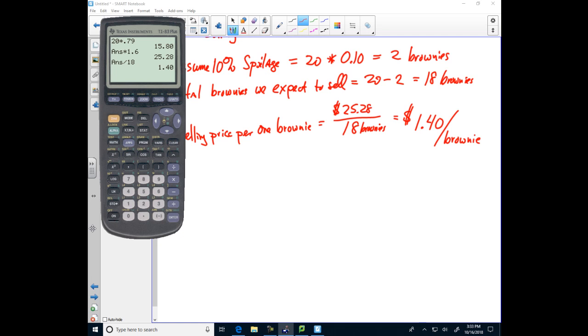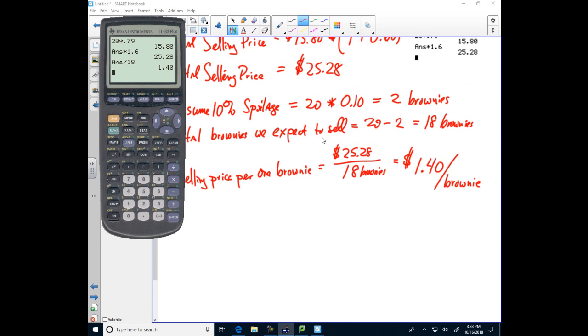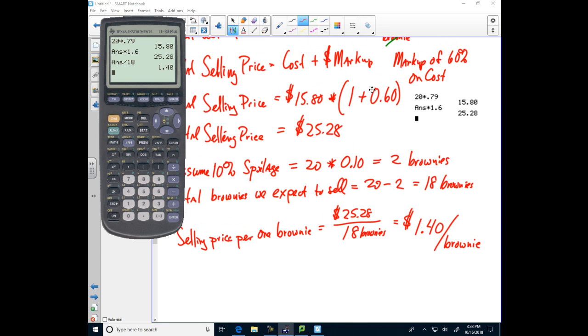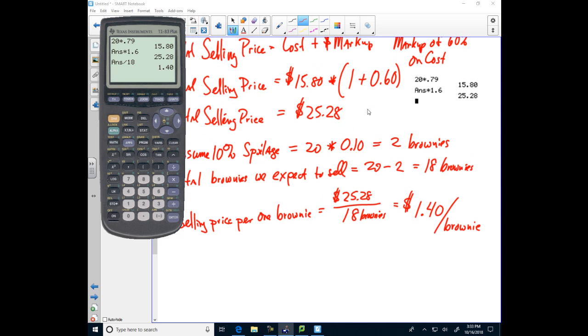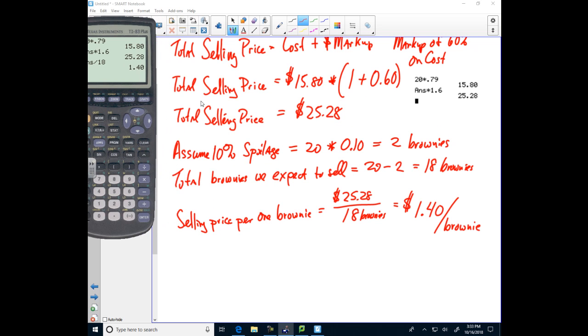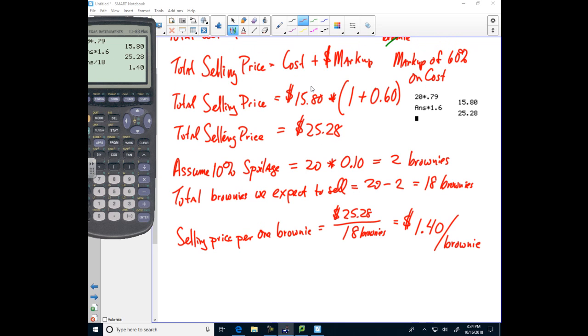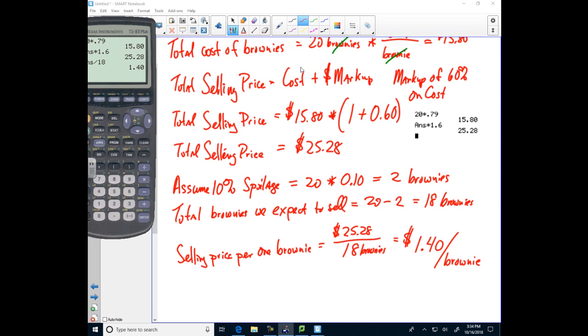Anyway, there's a lot going on here. So did everybody see how we come up with $1.40? We bought them for 79 cents, but we want to make 60% on that markup. So we had to figure the total that we need to come up with to make that 60% on what we gave for them.